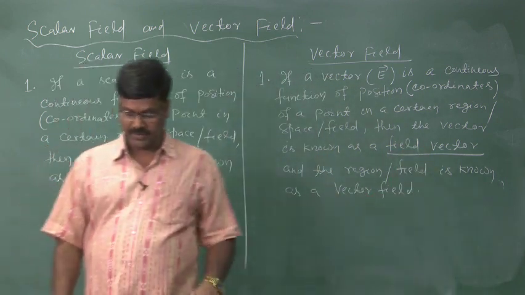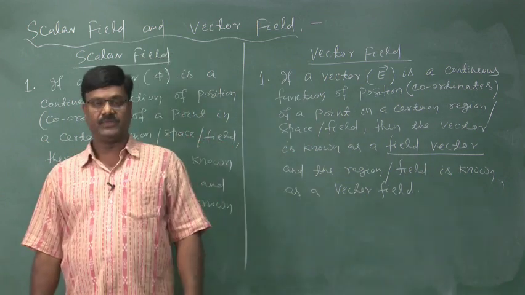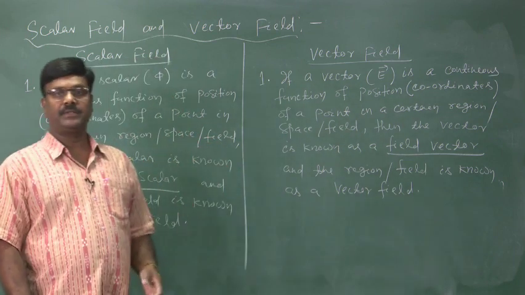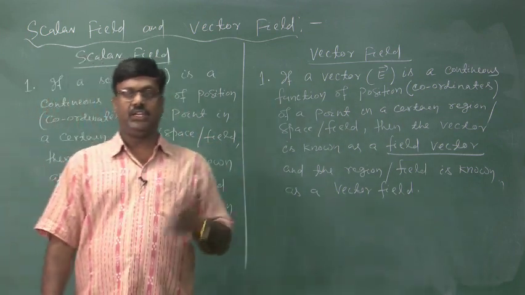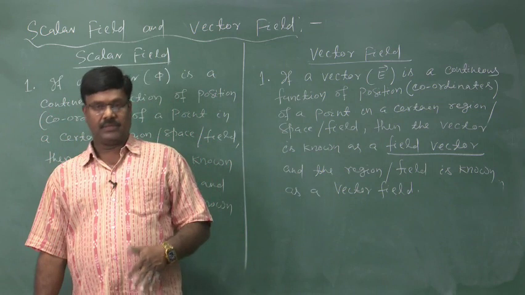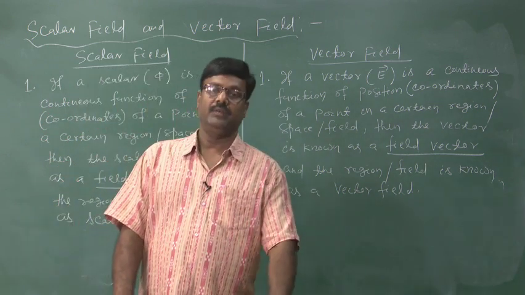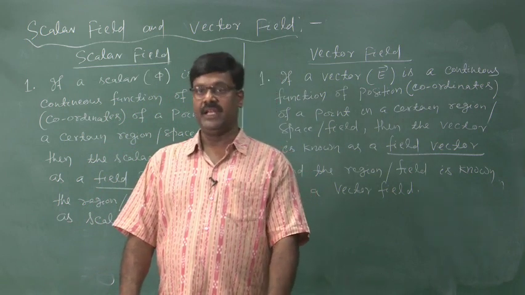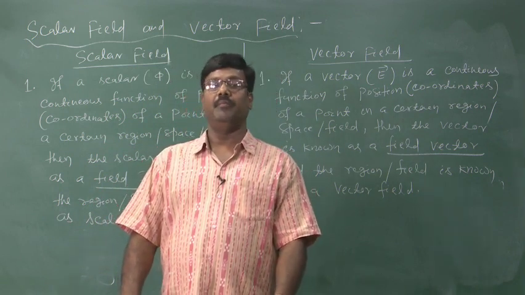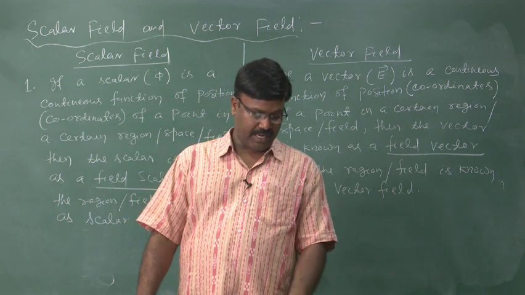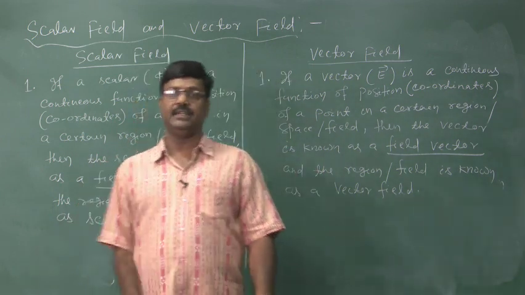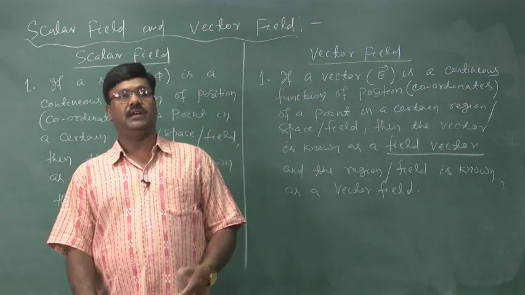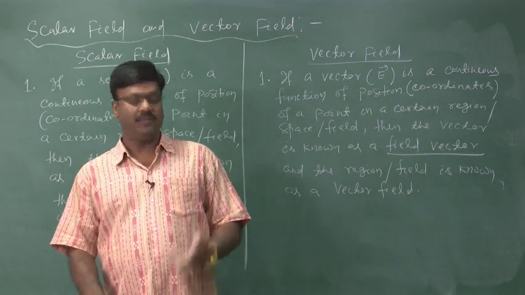Let us have the examples of the scalar field and the vector fields. The density, temperature, etc. are the examples of scalar fields. Similarly, electric field intensity, magnetic field intensity and the gravitational field intensity are the examples of field vectors, and the corresponding fields are known as vector fields.